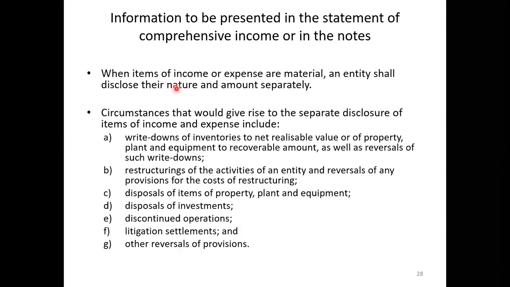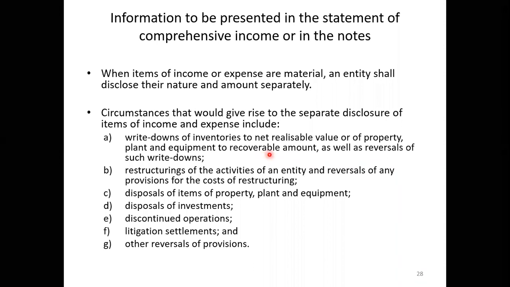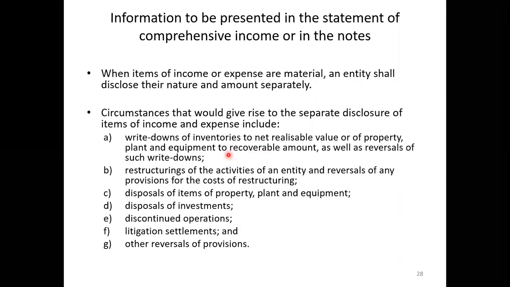When items of income or expenses are material, an entity shall disclose their nature and amount separately. Circumstances that would give rise to the separate disclosure of items of income and expenses include write-down of inventories to net realizable value, or of property, plant, and equipment to recoverable amount, as well as reversal of such write-downs.